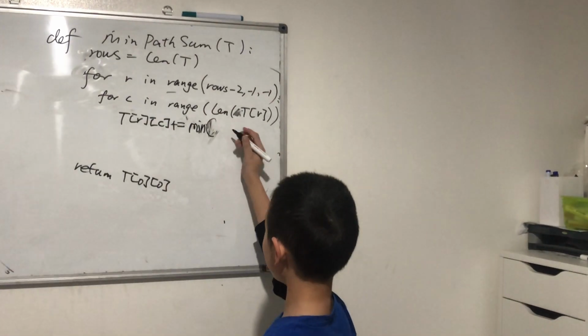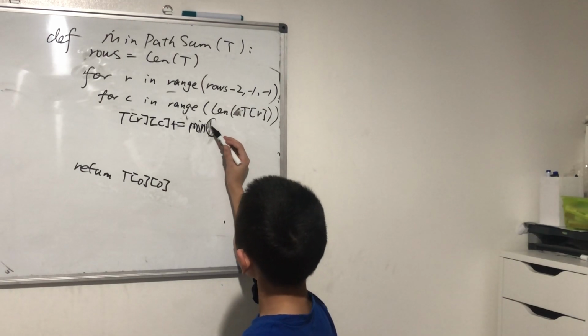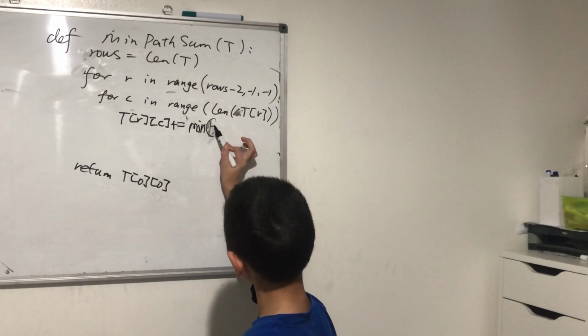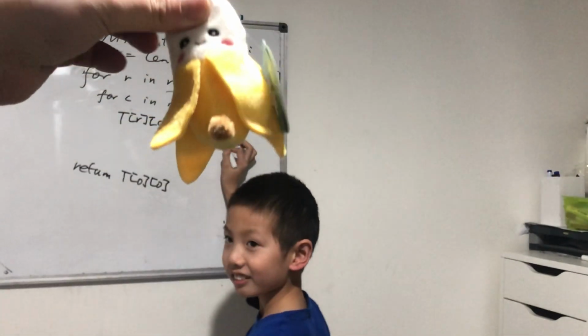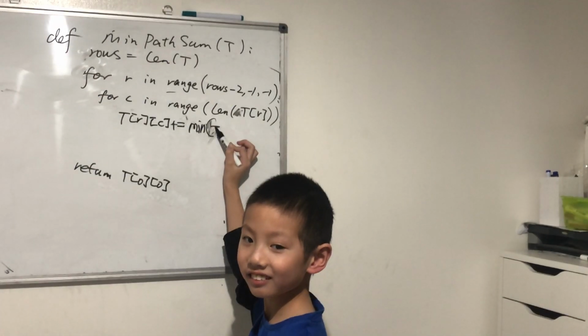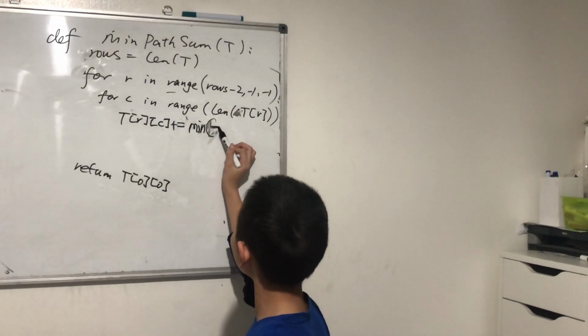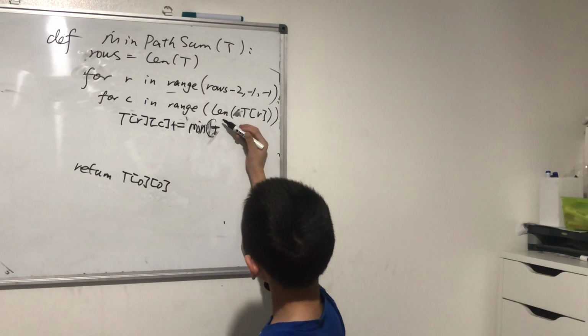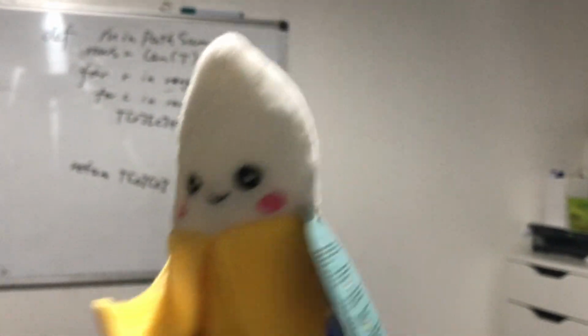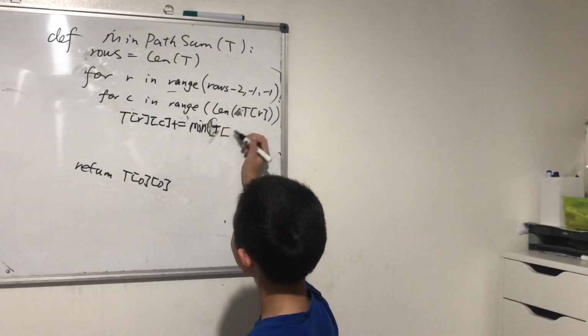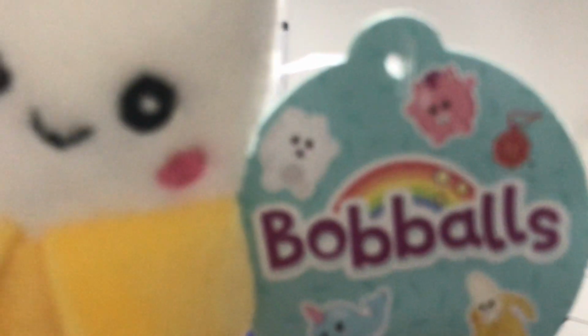Okay, and the next value. I guess it's T, keep going. And the next row, which is in the bracket, like that. T, R plus 1, and then.